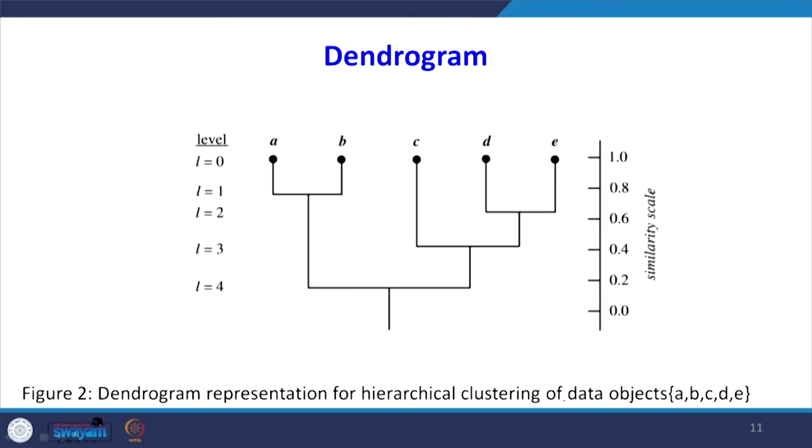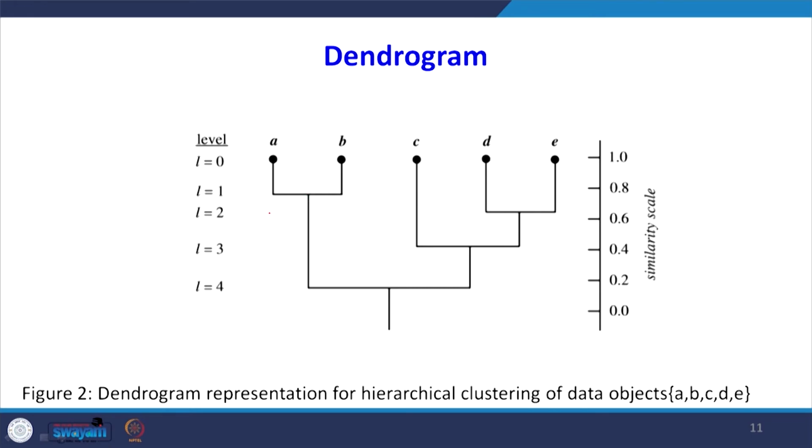In hierarchical clustering, another important terminology which you have to understand is the dendrogram. What is the dendrogram? It is a tree-like structure, and it has different levels, level 0, 1, 2, 3, 4 on the left-hand side, and on the right-hand side there is a similarity scale. At level 0 there are 5 clusters, A, B, C, D, E, each forming its own cluster. In level 1, AB forms one cluster.